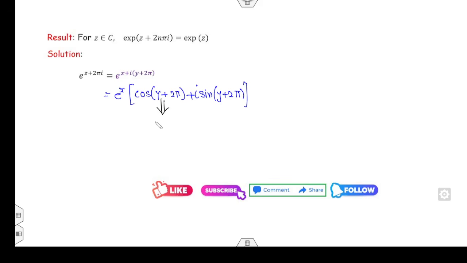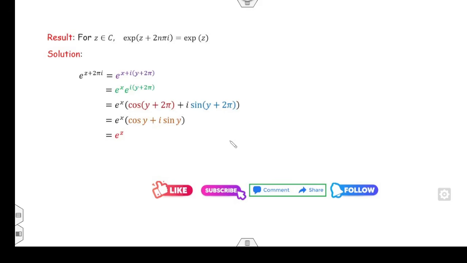This number will be cos y, this number will be sine y. So what does this become equal to? That is e raised to power ιy. Again, you can see the function e^z is a periodic function with period 2nπι.